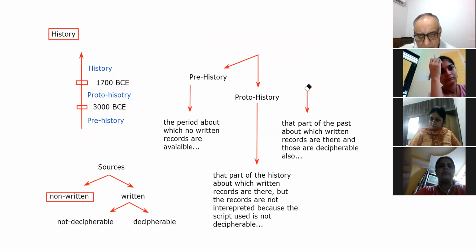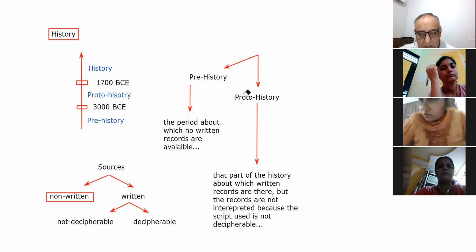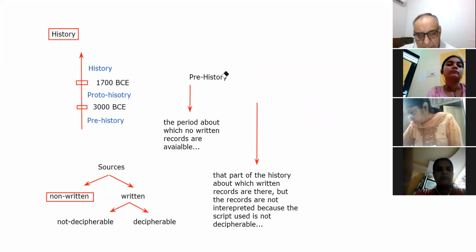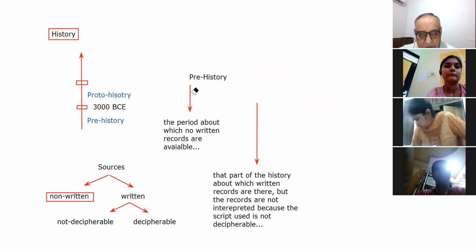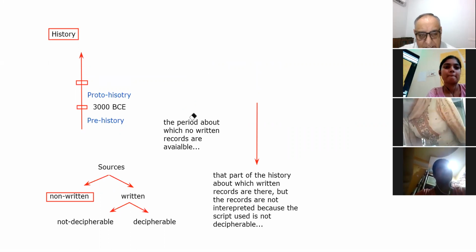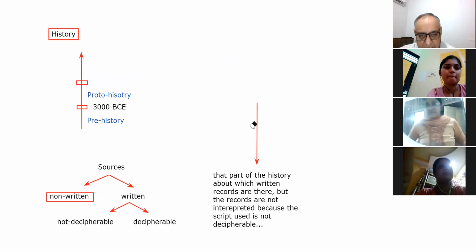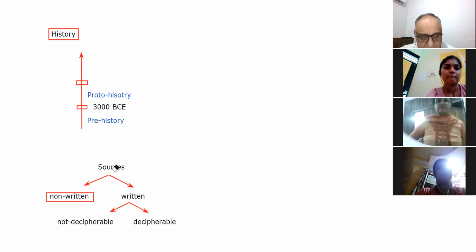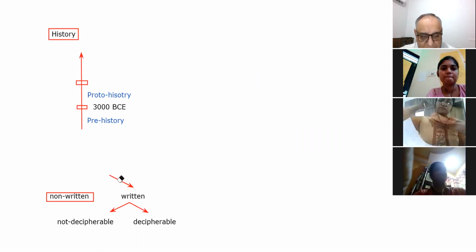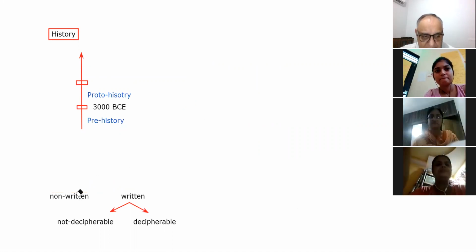Basically, they try to decipher on the basis of various linkages and relationships. Suppose there is one article on which something is written, and that is visible to us.